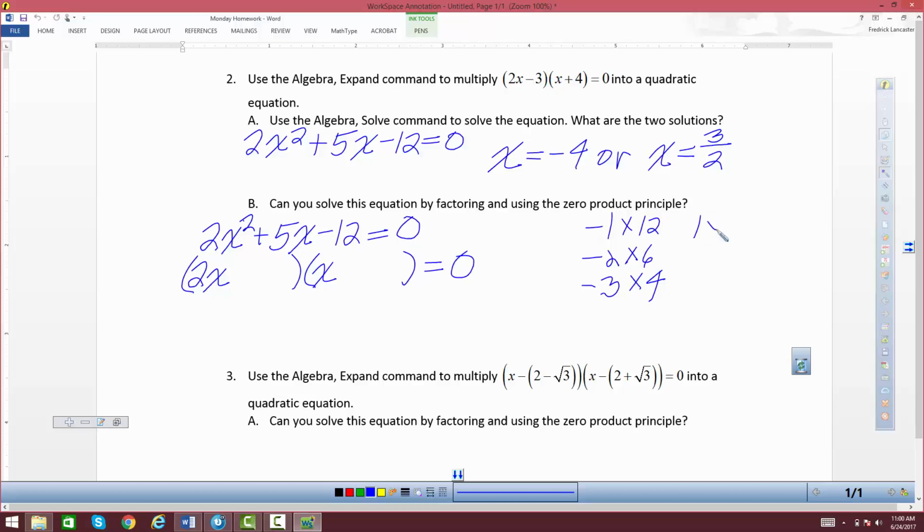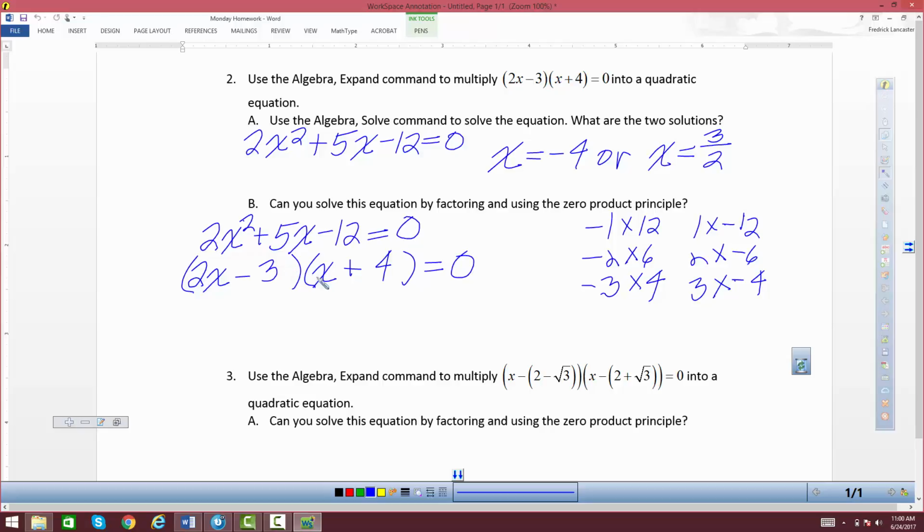I could do +1 times -12, +2 times -6, or +3 times -4. So looking at this, when I multiply 2x times this number, I'm going to try the +4 first. And then if I do +4 here, I need a -3 here.